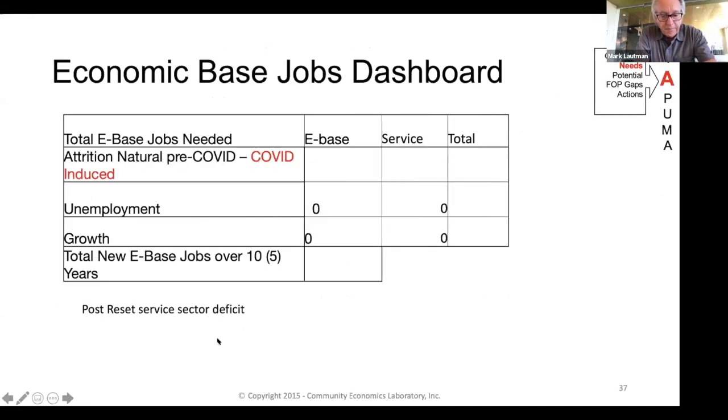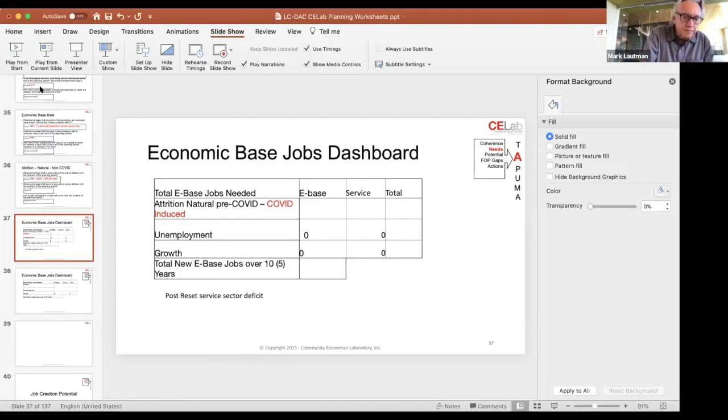While you're getting out, Sarah Stover just asked, is 34% economic base jobs a standard, or does this change for each community? It changes. The economic base ratio will change dramatically from community to community, based mostly on size.